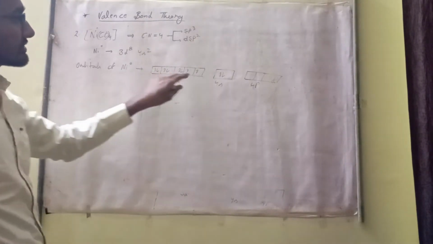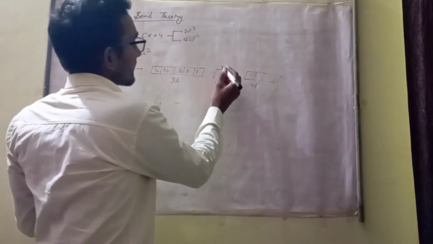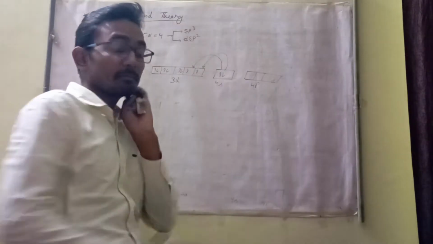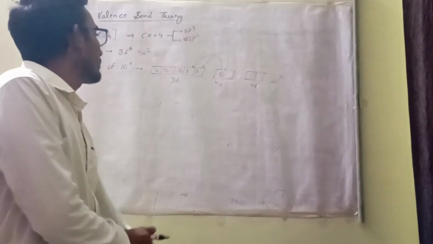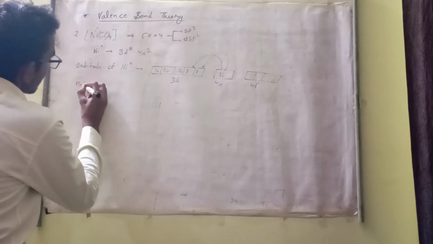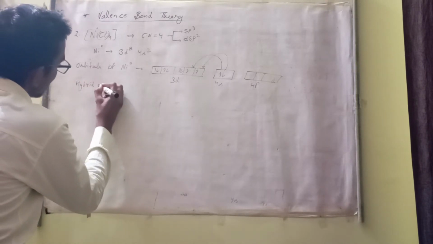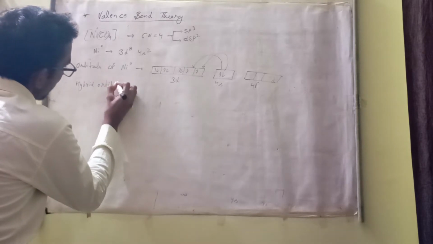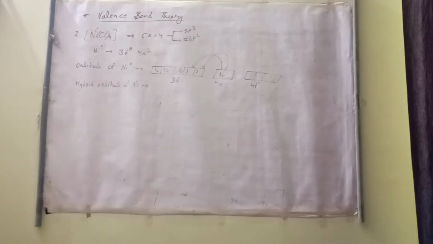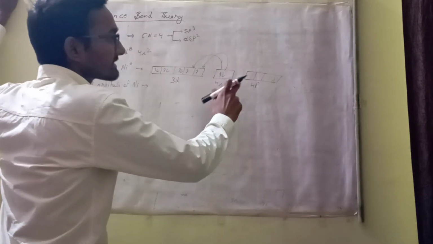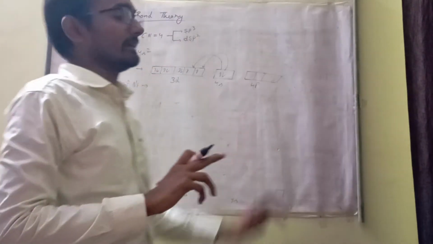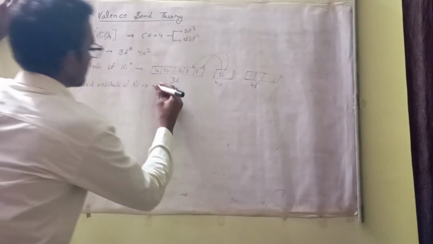As carbonyl is a strong ligand, spin pairing occurs. What are the hybrid orbitals of nickel? They are sp3: one s orbital and three p orbitals are the hybrid orbitals.